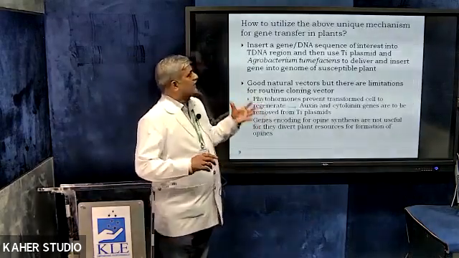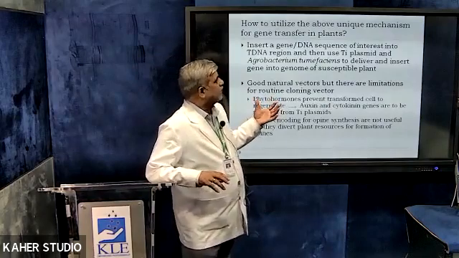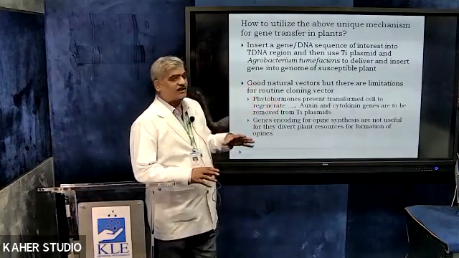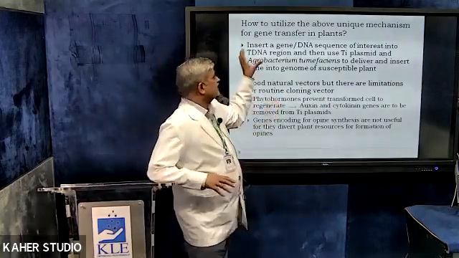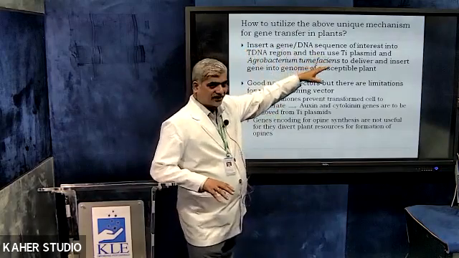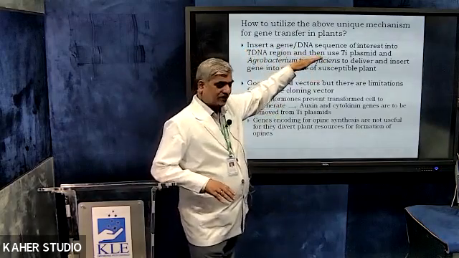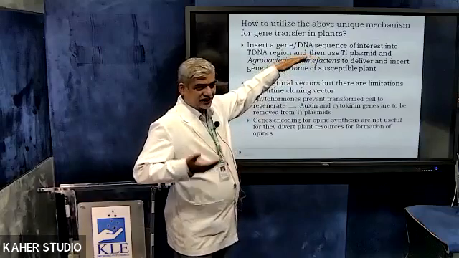So how do we utilize this unique mechanism for gene transfer in plants? Insert a gene or DNA sequence of our interest, for example a pest resistant gene like Bt cotton.